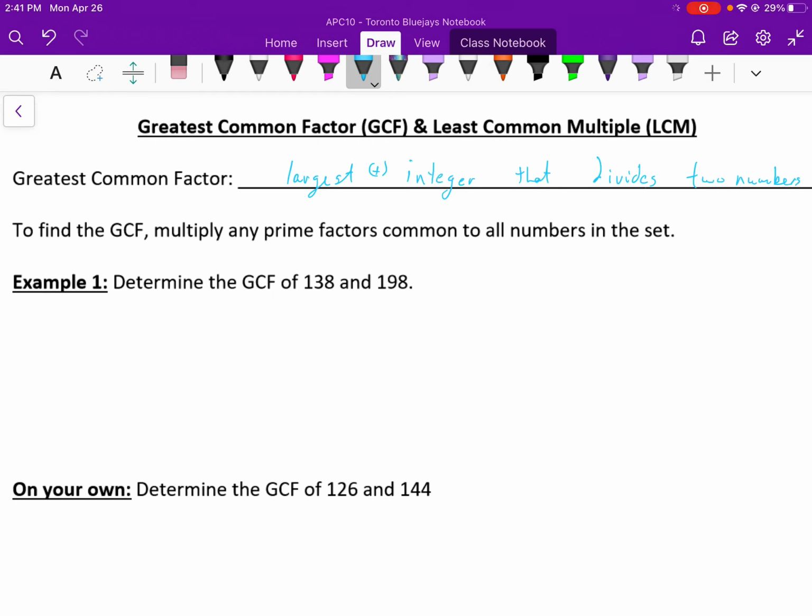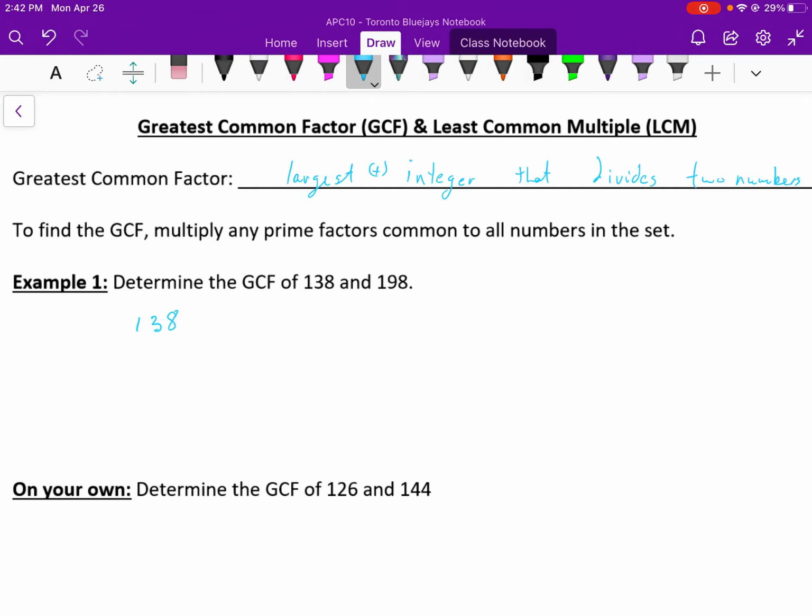To find the GCF, we multiply any prime factors common to all numbers in the set. So I guess the first thing I'm going to do is take 138 and break 138 into its prime factors.